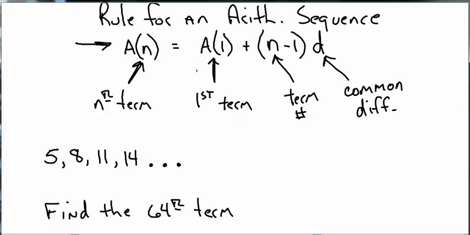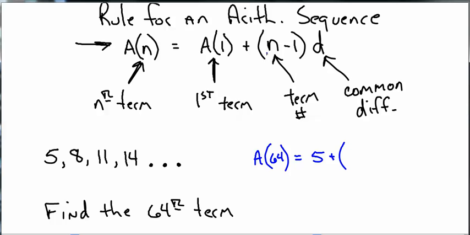So look, this is how the rule works. You would write a of, what are we looking for? The 64th is equal to, what's our first term? 5 plus parentheses. What term number do we want?